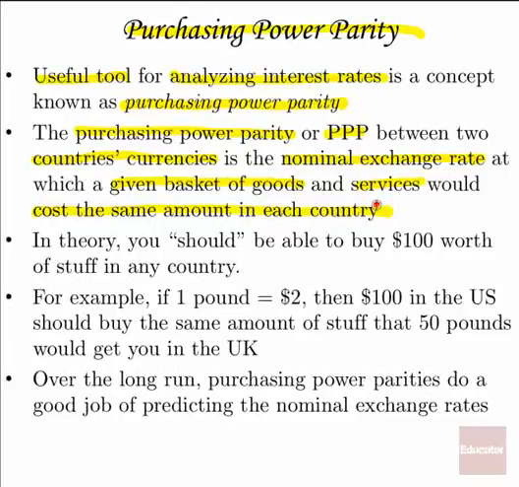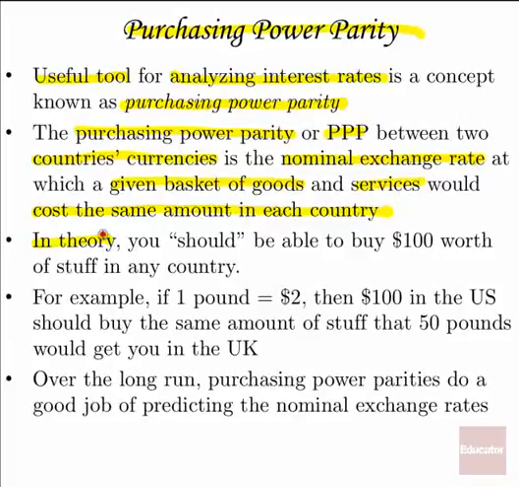So let's say $100 in the United States will buy you 10 shoes. Let's say the exchange rate is a dollar equals 2 pounds. So 50 pounds would get you those same exact 10 shoes that you got in the United States for $100. 50 pounds and $100 are the same thing. That's the idea of purchasing power parity.